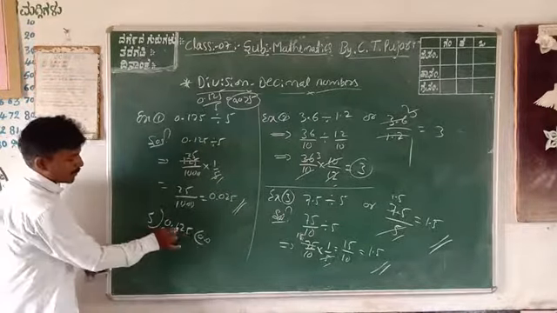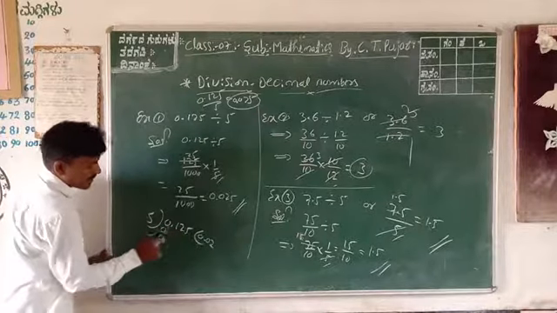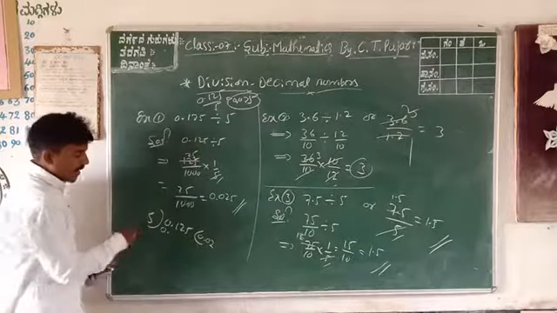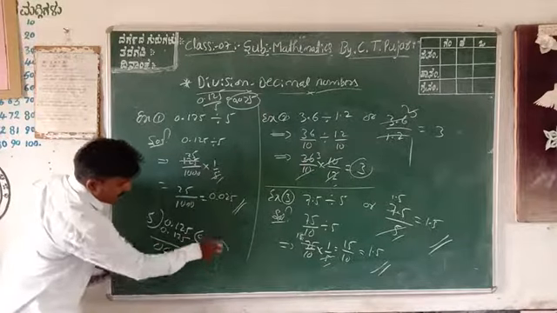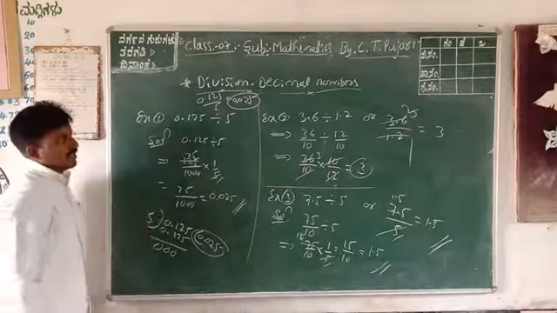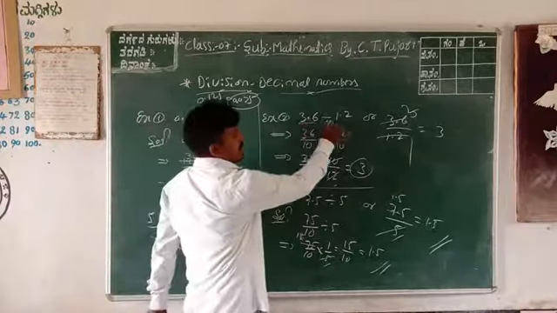Next 5 twos are 10, remaining 2, 5 fives are 25, and the remainder is 0. These are the same as before.